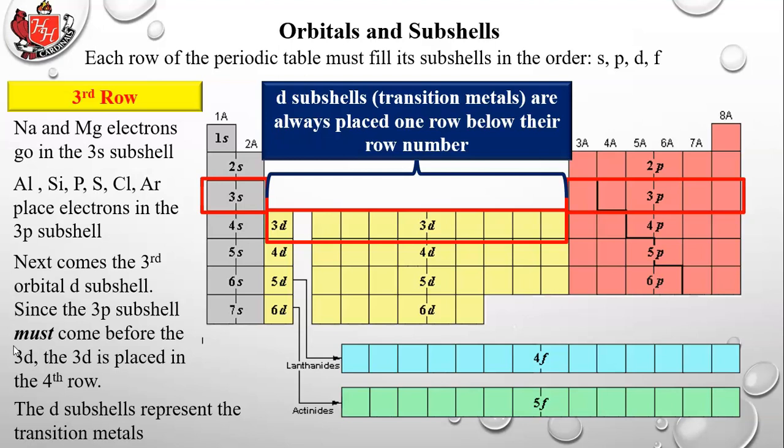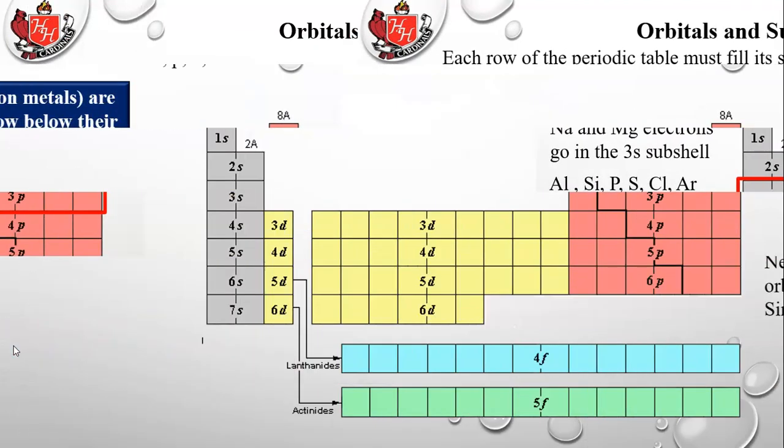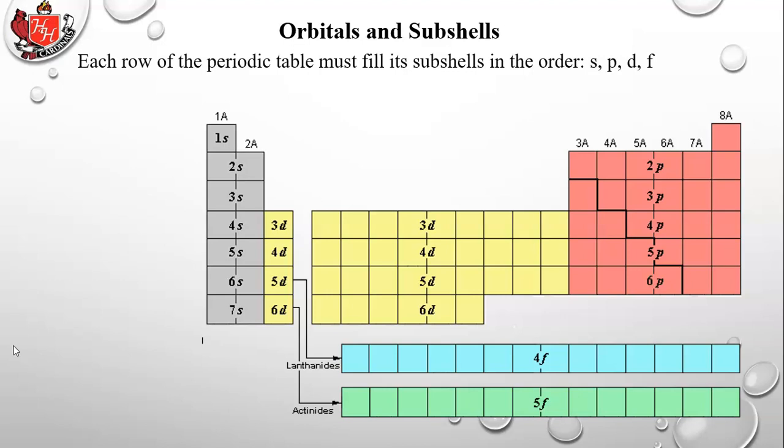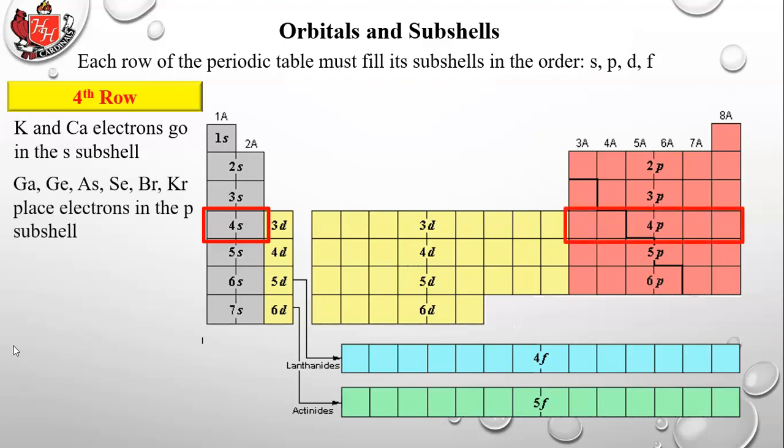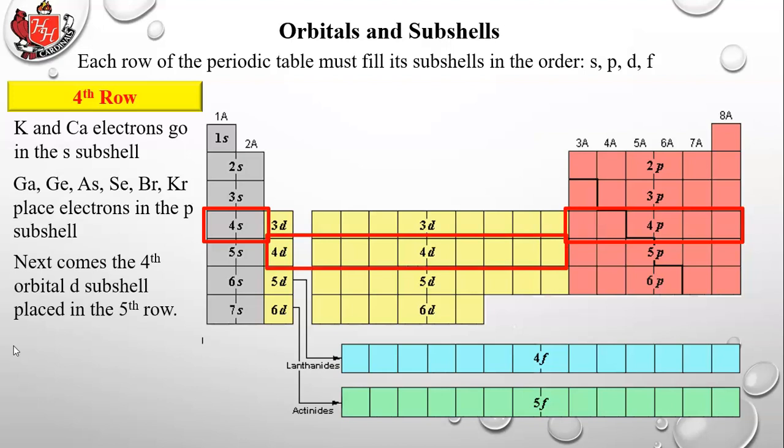D subshells, transition metals, are always placed one row below their row number. That's all you have to remember, okay? Just remember that fact. Each row of the periodic table must fill its subshells in the order S, P, D, and F. So the fourth row. Now you have a 4s, then you go over to the 4p. Now you go down to the 4d.